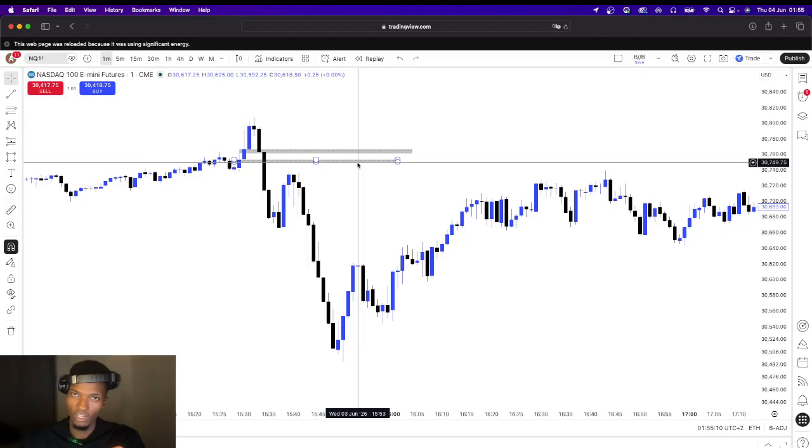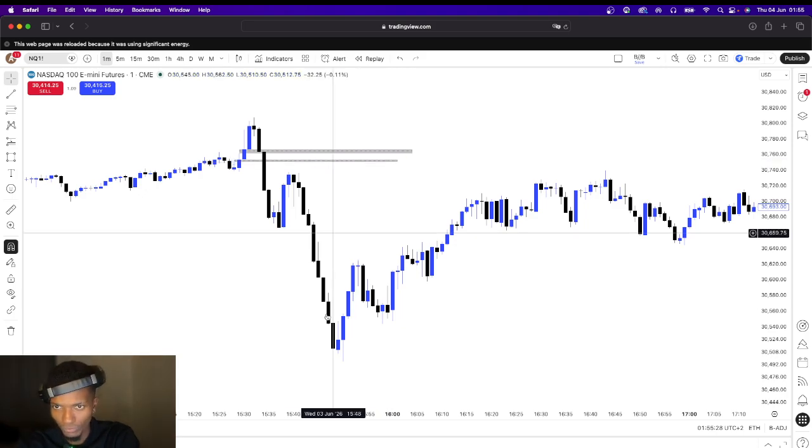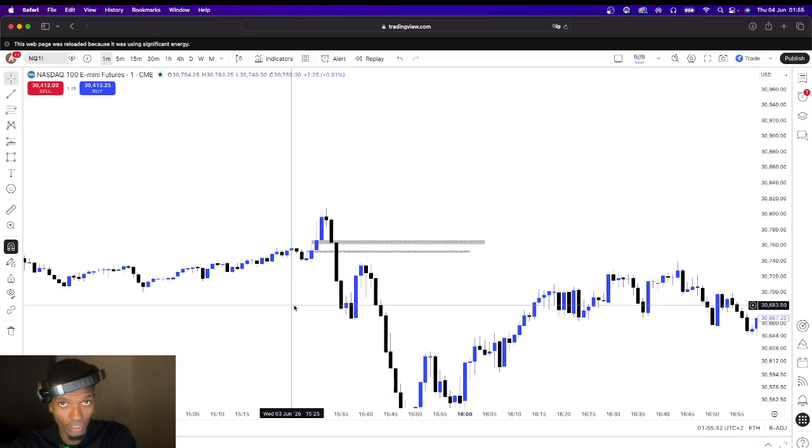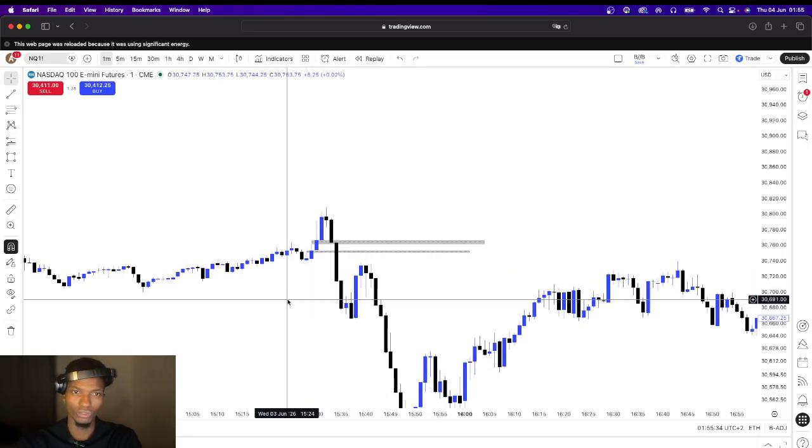And then again, you have to find 10 inverse fair value gaps whereby price inversed the fair value gap and it changed the market structure or the flow or the trend, right, to the downside or to the upside, right? Because it's possible for a fair value gap to be inversed and then the market doesn't continue in that direction, right?